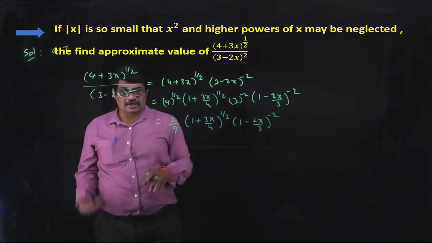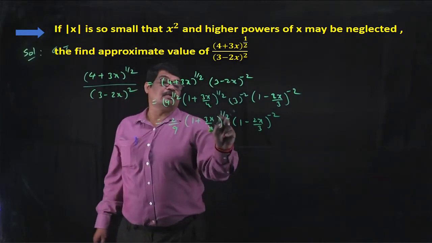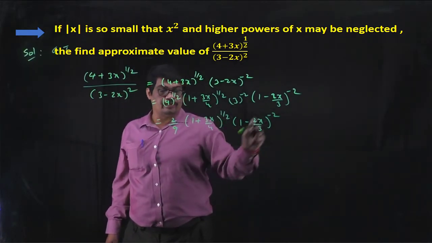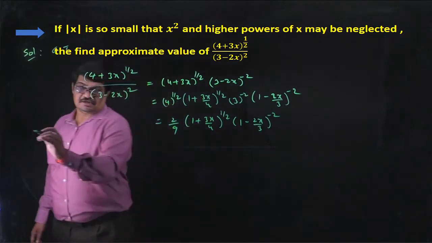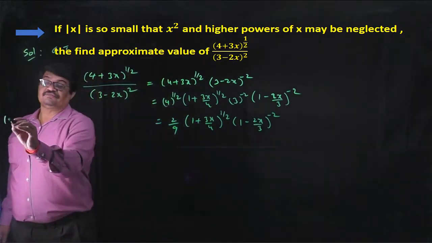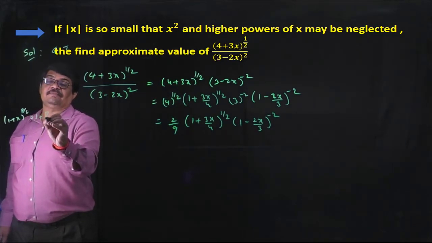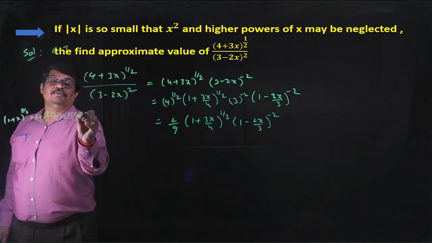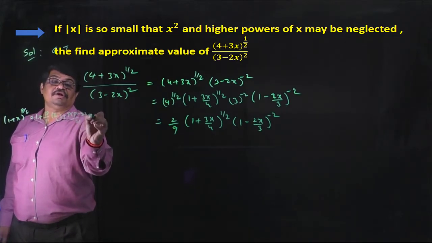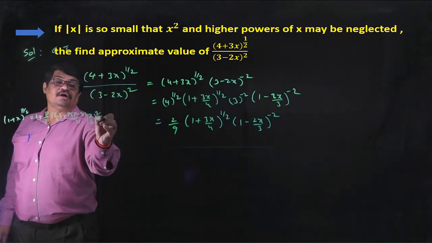We are using the binomial expansions. This is 1 plus x whole power p by q. This is 1 minus x whole power minus p by q. See the formulas. 1 plus x whole power p by q is the expansion 1 plus p by 1 factorial into x by q plus p into p minus q by 2 factorial into x by q whole square and so on.